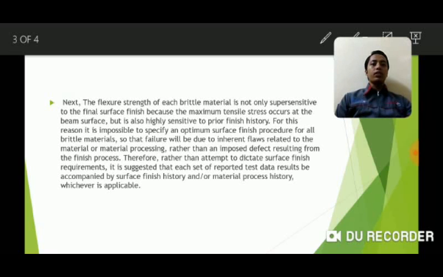For this reason, it is impossible to specify an optimum surface finish procedure for all brittle materials, so that failure will be due to inherent flaws related to the material or material processing, rather than an imposed defect resulting from the finish process. Therefore, rather than attempt to dictate surface finish requirements, it is suggested that each set of reported test data should be accompanied by surface finish history or material process history, whichever is applicable.